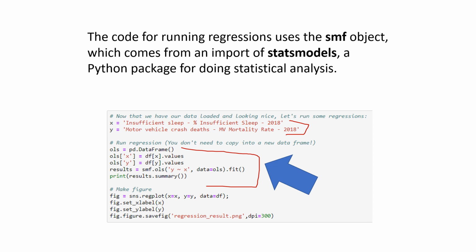These X and Y strings are used to index into our county health rankings data frame and then populate, in this case, an OLS data frame. So this is actually a data frame. And then that's what's used in here. And these variable names are now X and Y.